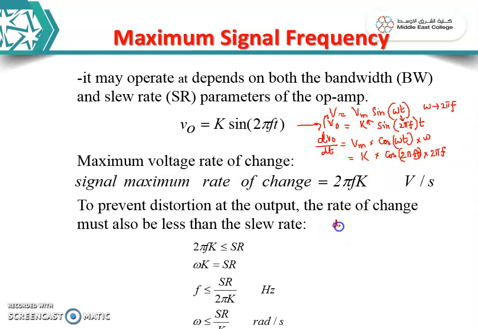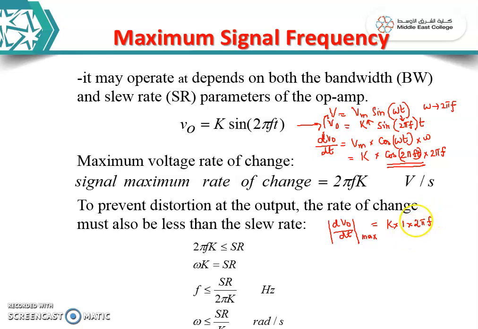Now what I'm going to do is find out the maximum value of this. The maximum value of this is found out by the maximum value of cos omega t. What is the maximum value of cos omega t? It is 1. So it is equal to K into 1 into 2 pi f. Okay.